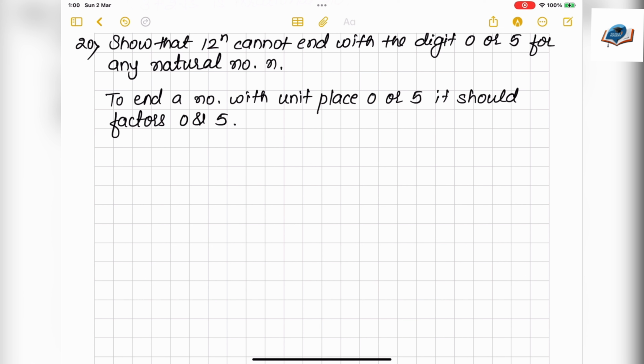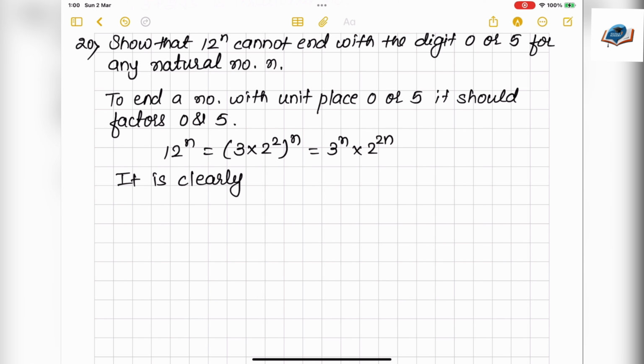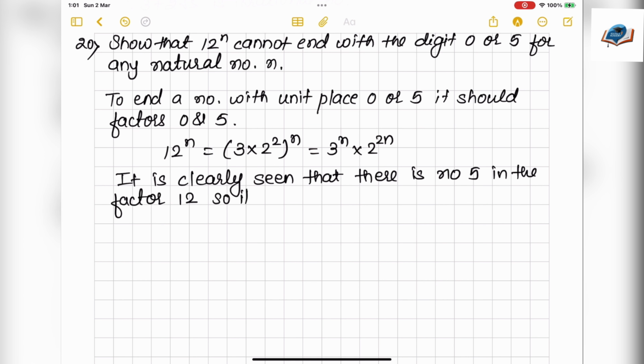So 12 raised to n will be equal to 3 into 2 square whole raised to n, that is 3 raised to n into 2 raised to 2n. It is clearly seen that there is no 5 in the factors of 12, so it can't end with 0 or 5.